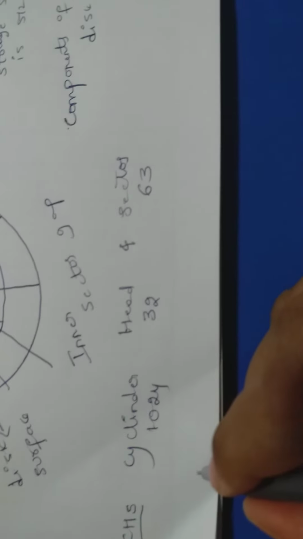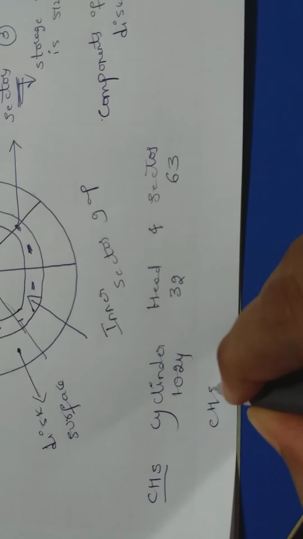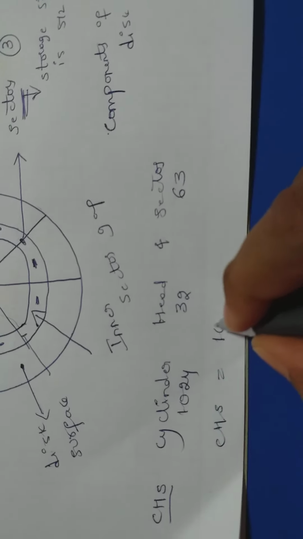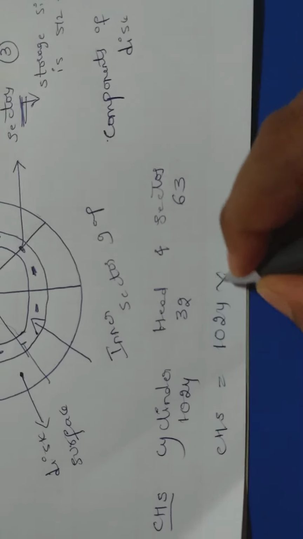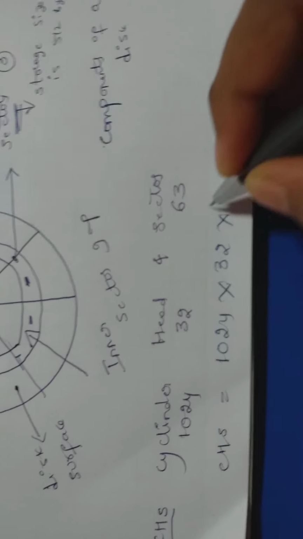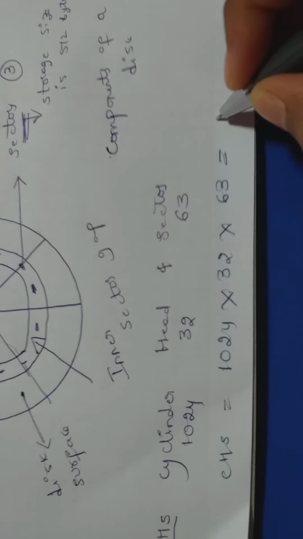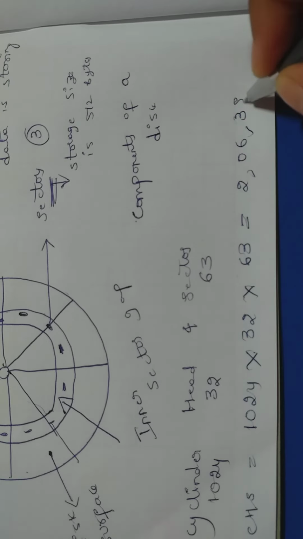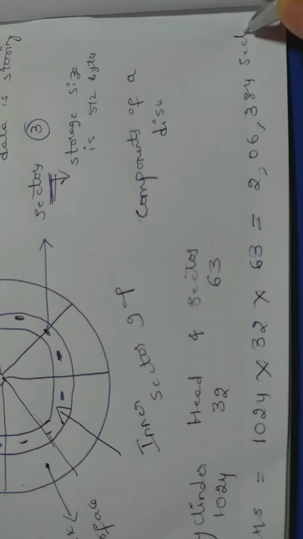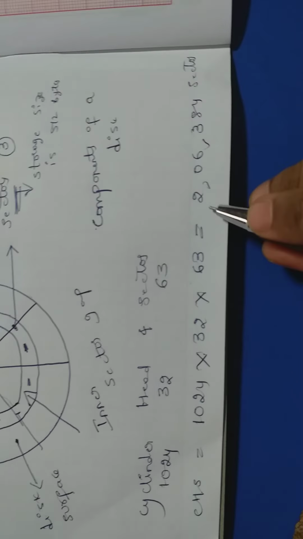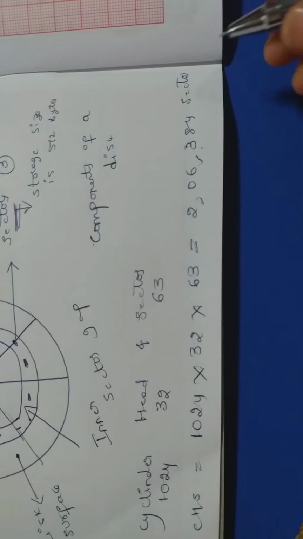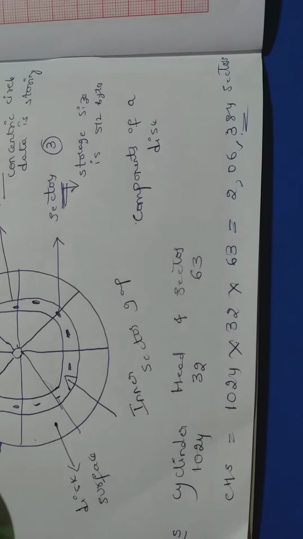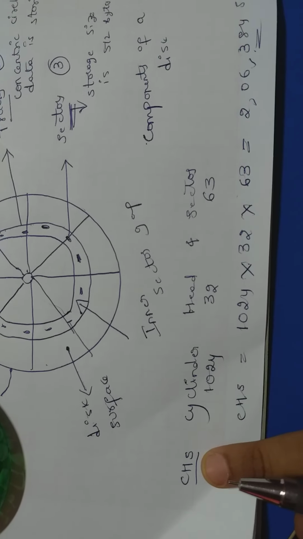How to calculate: CHS is equal to 1024 into 32 into 63, which equals 2,06,384 sectors. This is the CHS calculation.